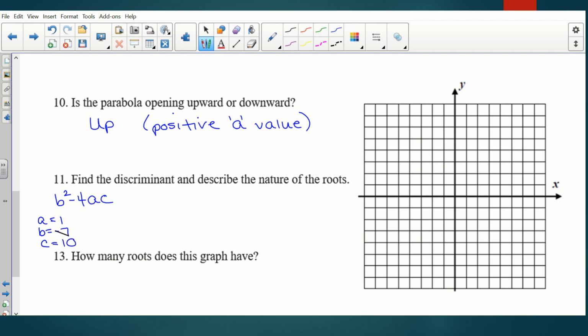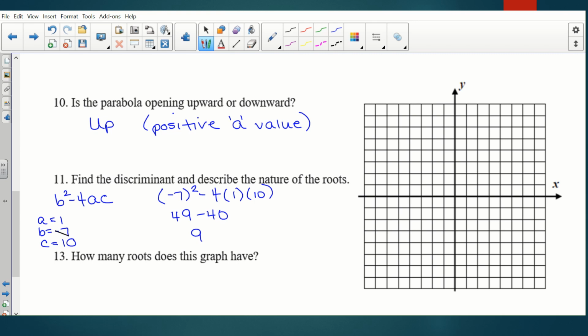All right. So B squared, negative 7 squared, minus 4 times A times C. All right, so this gives me 49 minus 40, which gives us 9. This is a positive value.